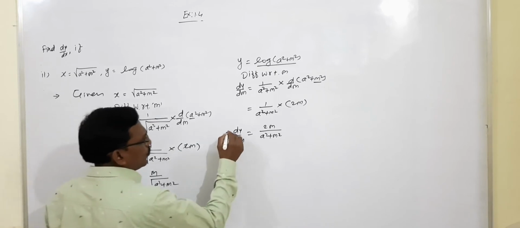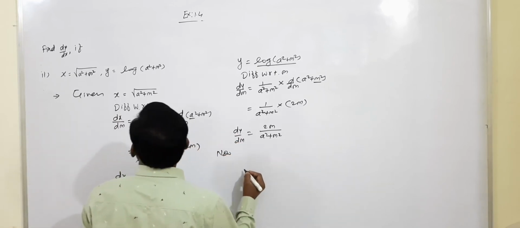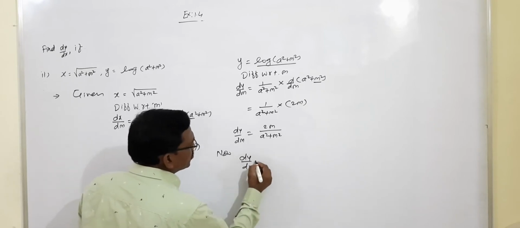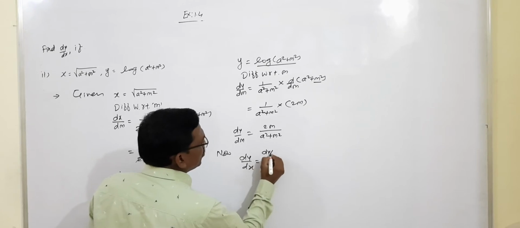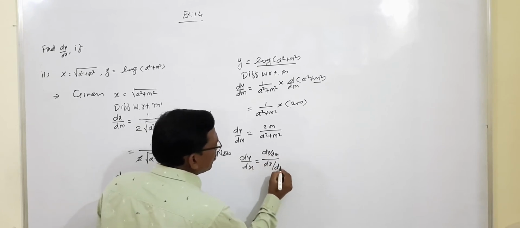Now we take dy by dx, the derivative of the parametric function, which is equal to dy by dm divided by dx by dm.